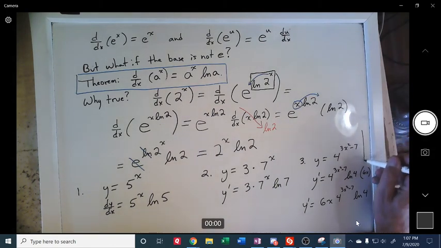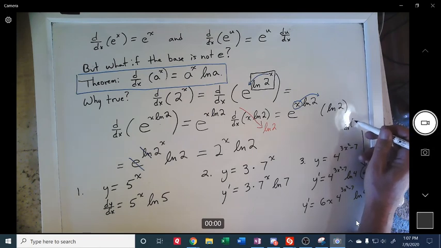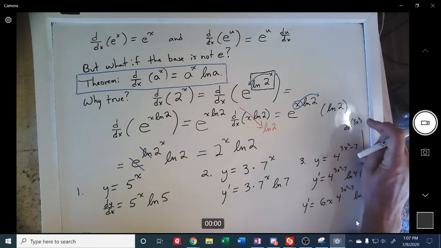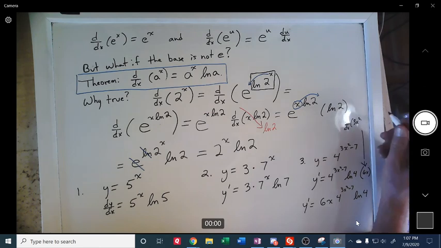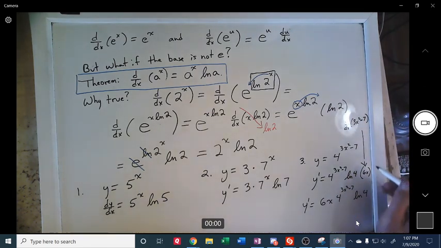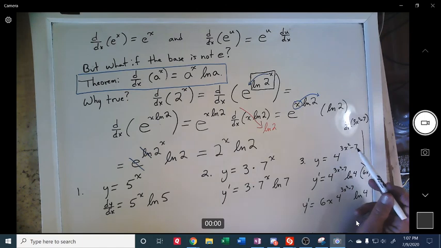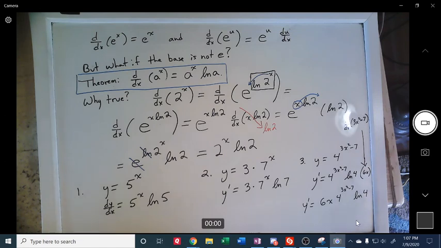This came from that. So when it's not e to the u, when it's not exactly the same, this is a function of x, so we have to tag along the derivative of that at the end.